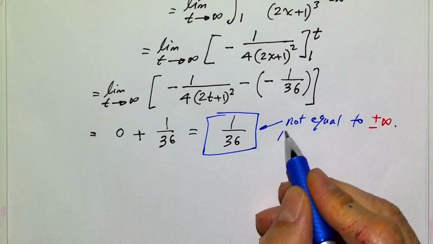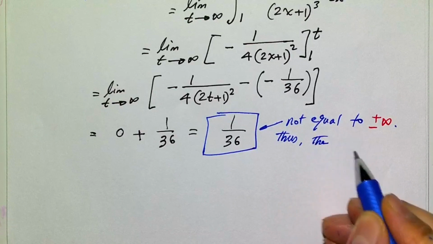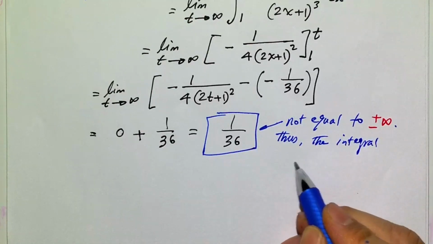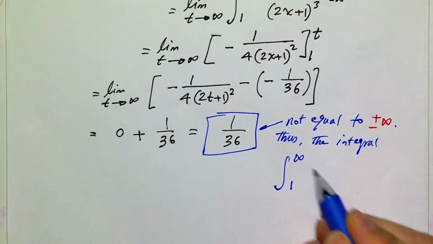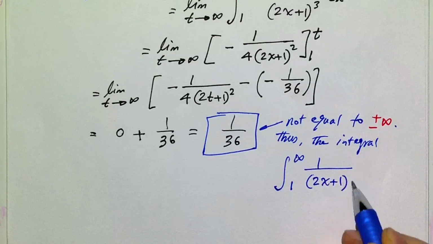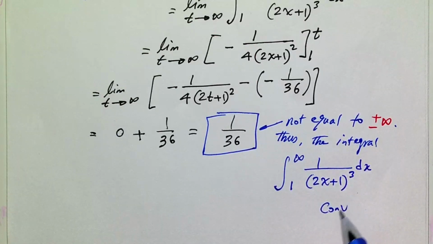So therefore, the original integral, the integral from 1 to infinity of 1 over (2x plus 1) cubed dx, converges. Which is what they asked us to do: find whether that integral converges or diverges.